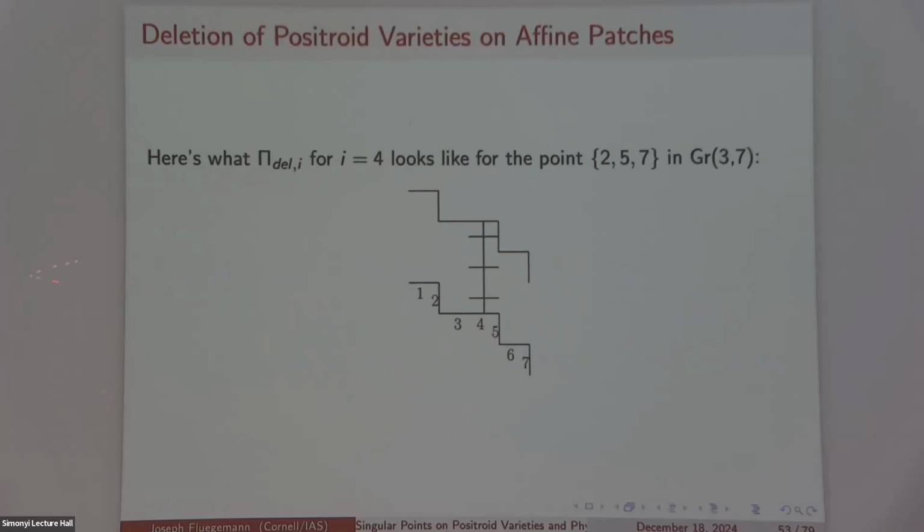So it's easy to see what this deletion is when you restrict to one of these points. So I noted that each point, or u sub lambda, this open affine set containing the point lambda, is given by these pipe dreams.